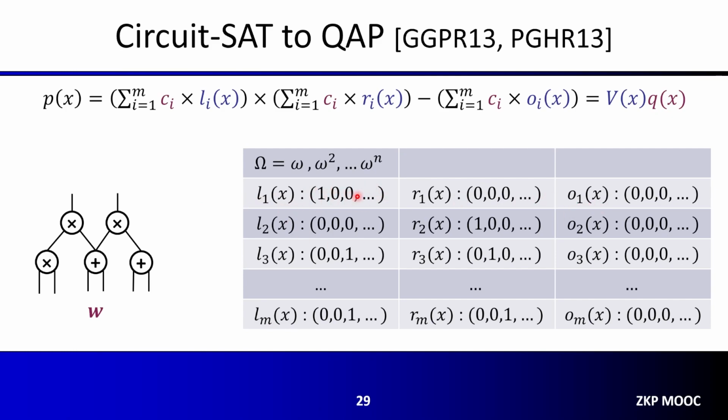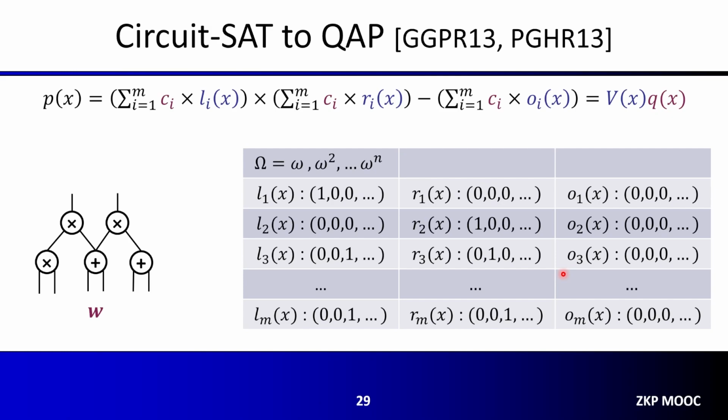The degree of each polynomial is this small n, the number of multiplication gates in the circuit, because we are defining the evaluations at this set of elements generated by different powers of the roots of unity. So the total size of this table is roughly on the order of n times m. It's quadratic in the size of the circuit. But as you can see here, the table is quite sparse, right? We are asking the question whether each value is the left input of a gate or not.